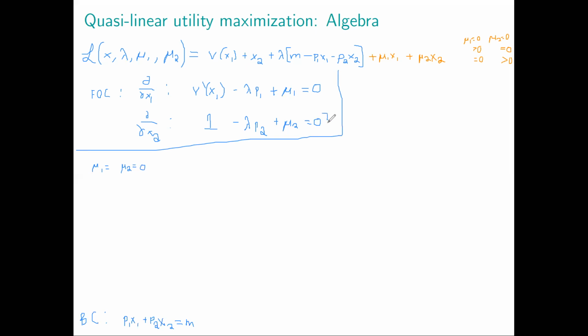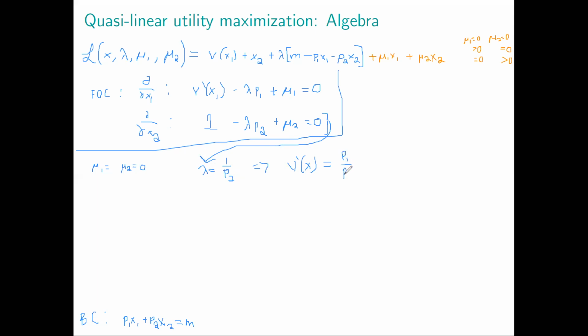But we can then simplify this condition to just get that lambda is equal to 1 over P2. But if we have this, we can plug it into this equation, and this will tell us that v prime of x is equal to P1 over P2, right?